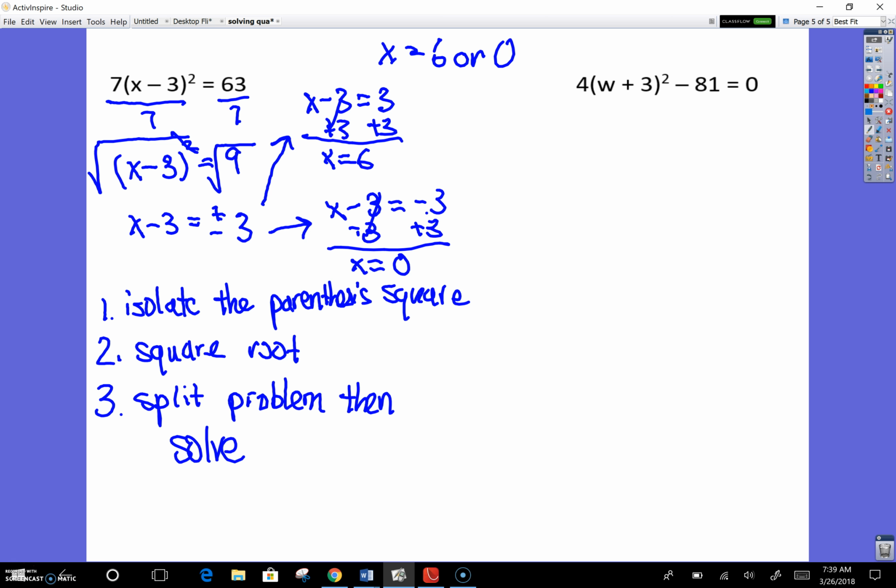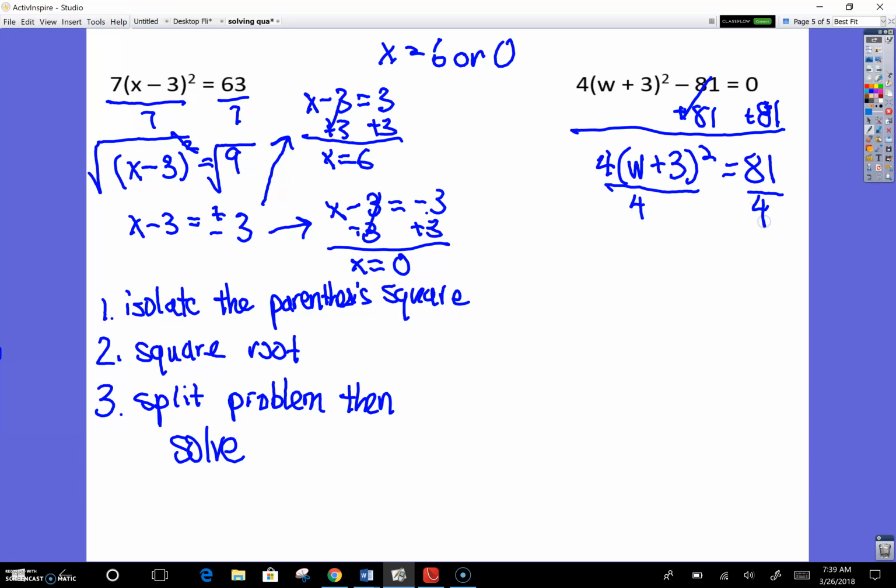Alright, last one. First thing, plus 81. Cancel. 4 times w plus 3 squared is equal to 81. Next thing, divide by 4. W plus 3 squared is equal to 81 divided by 4, which is 20.25.